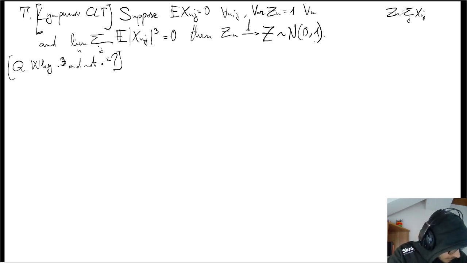Let's see the remark here. So we have replaced the condition on the variance. I don't see how we replaced it, but the generalization lies in the fact that we can use the framework of the triangular array in which the random variables may vary between rows.